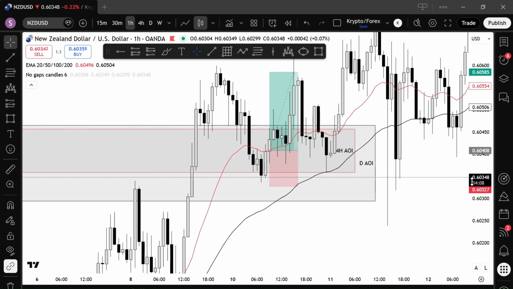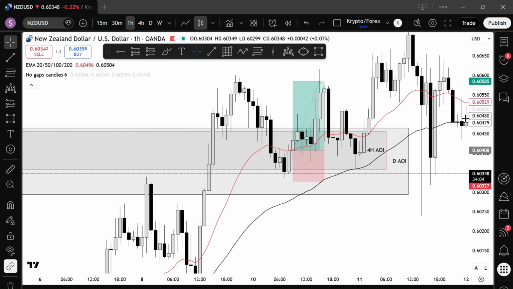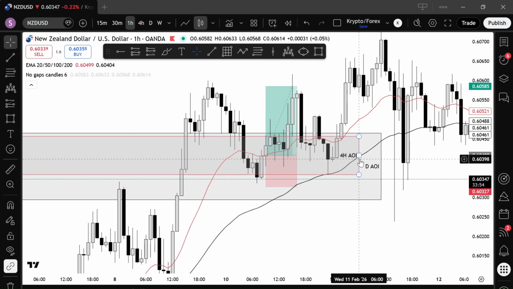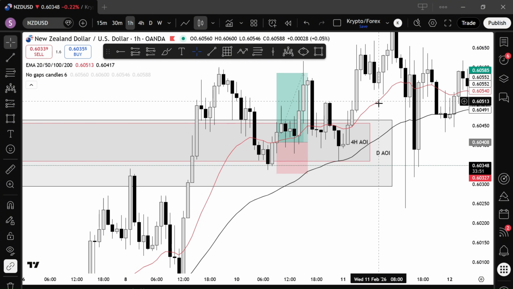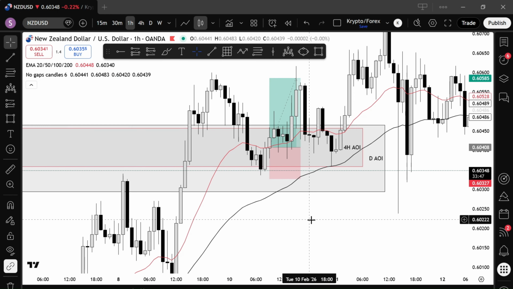So here we are on NZD USD. That was actually a really beautiful trade, but I couldn't enter because I was on the slopes skiing in the mountains. We had a daily and 4-hour area of interest. I would have entered on a 1 hour engulfing.